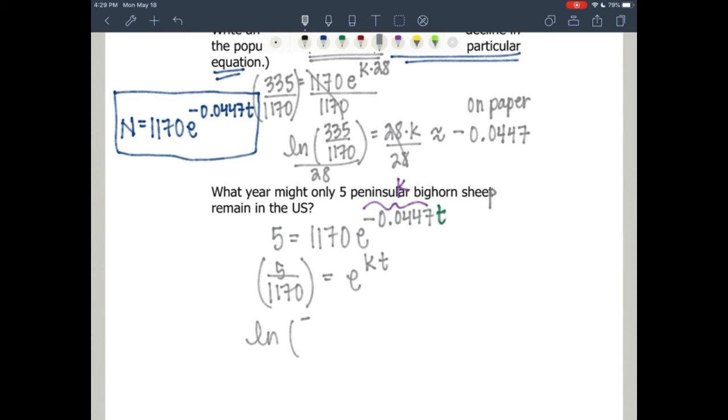So I've got the natural log of that percentage that remains, which would be 5 out of 1170. So the natural log of that percentage is equal to k times t. We're going to divide both sides by that stored value of k. And the time, if I use the stored value of k, is the natural log of 5 divided by 1170, divided by the stored value of k.